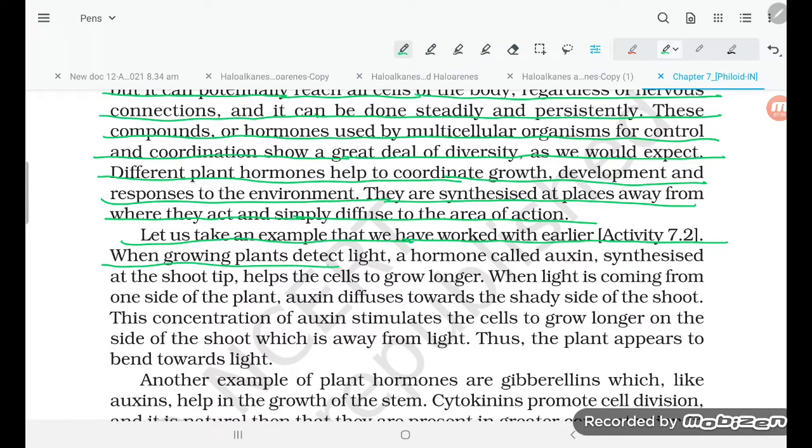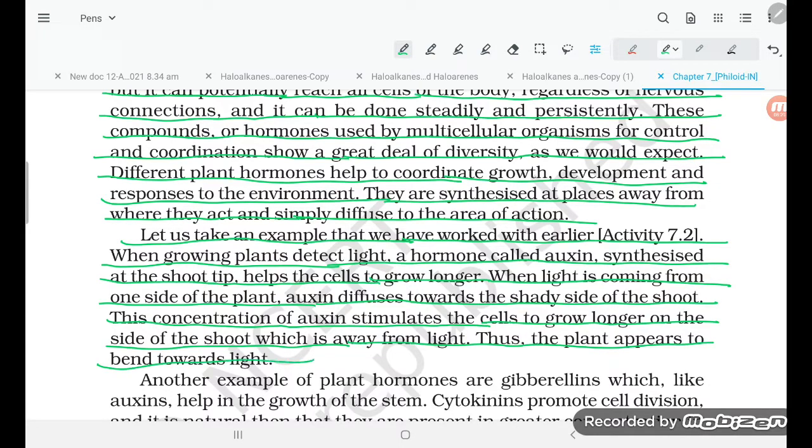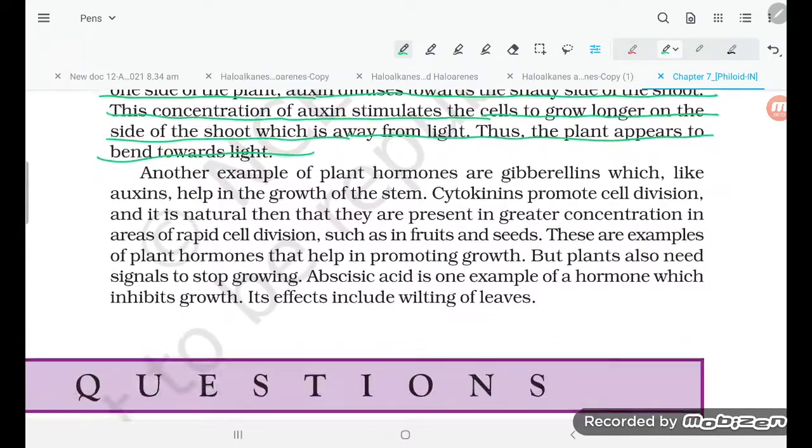When growing plants detect light, a hormone called auxin, synthesized at the shoot tip, helps the cells to grow longer. When light is coming from one side of the plant, auxin diffuses towards the shady side of the shoot. This concentration of auxin stimulates the cells to grow longer on the side of the shoot which is away from the light. Thus, the plant appears to bend towards the light.